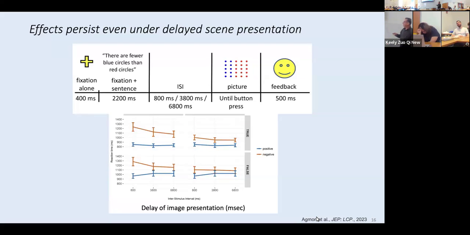And you can see here, as you increase the delay in image presentation, the difference persists. It gets a little smaller, it's true, but it persists and it's significant through and through. So this is a very robust effect, this polarity. It's extremely robust, and I highly recommend to anyone who wants to do an experiment to keep it in mind, because this is what you want to use as your basic setup for more subtle experiments, things which are linguistically more subtle.